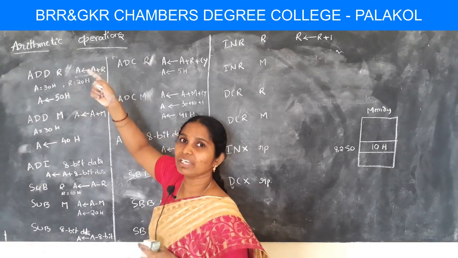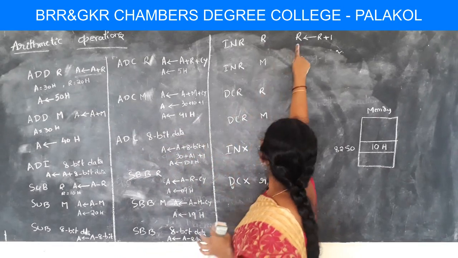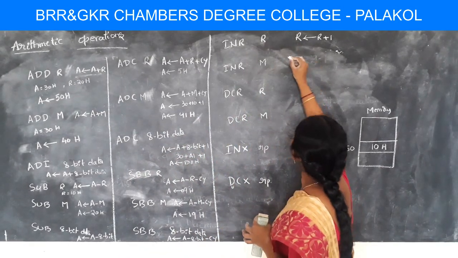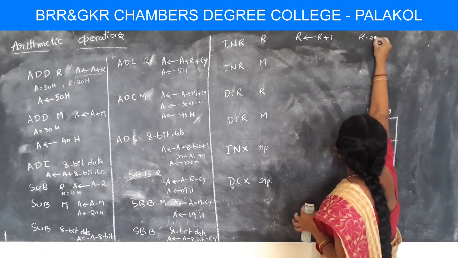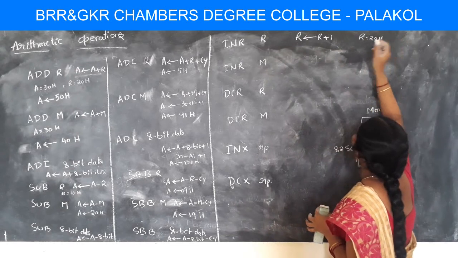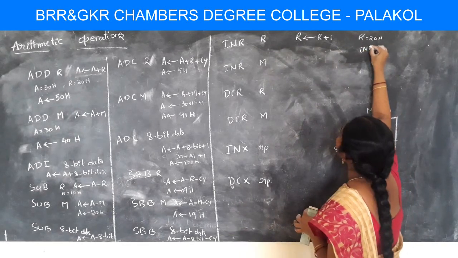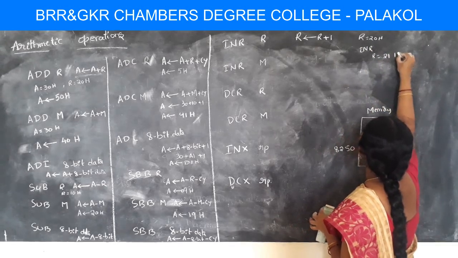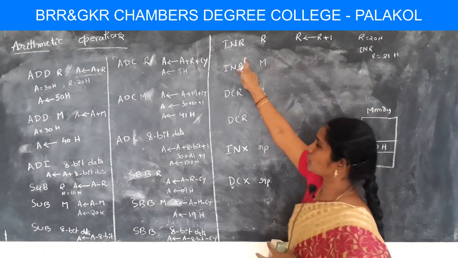So R plus 1, we add 1, so the register will have 21H. For example, R is equal to 20H; after the INR instruction, R is equal to 21H. This is the meaning of this instruction.